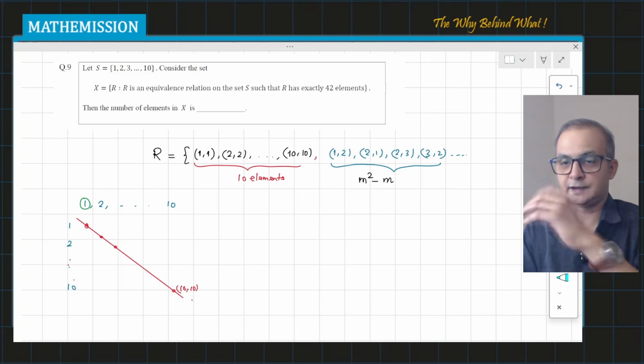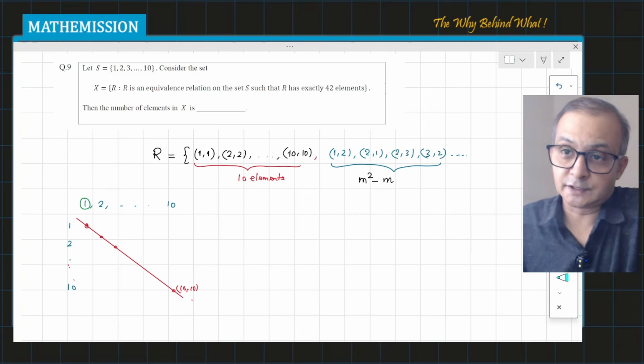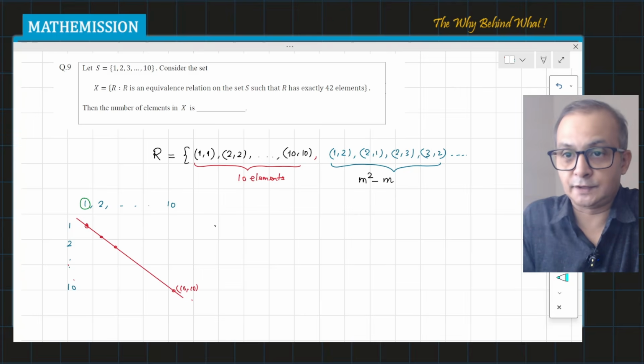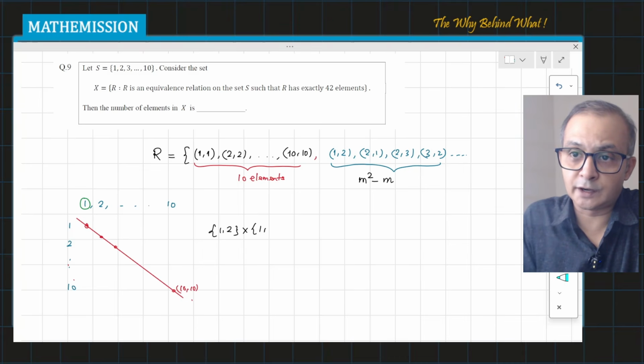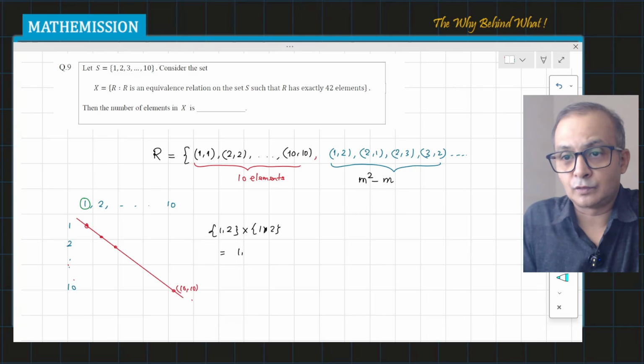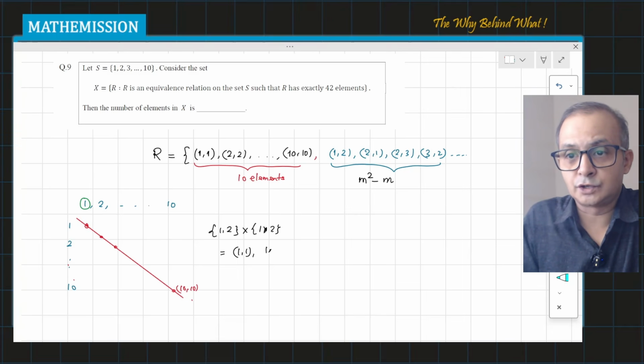How can we understand it? It's not difficult. Suppose you select 2 elements out of here, so 1 and 2 you selected. From 1 and 2 you take the cross product, so you get (1,1), (1,2), (2,2) and (2,1).